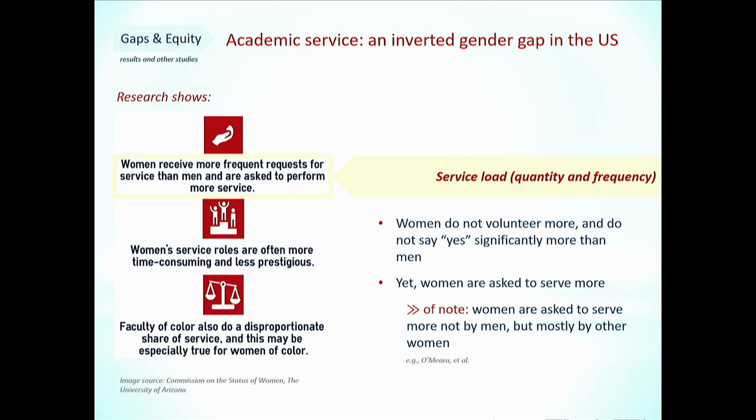In fact, the research says that women do not volunteer more and do not say yes significantly more than men. They're simply asked more. And of note is that women are asked to serve more, not by men mostly, but by other women. Okay? So this is also interesting because it drives back that, in a way, we need to be our own advocates and have awareness of our own tendencies.